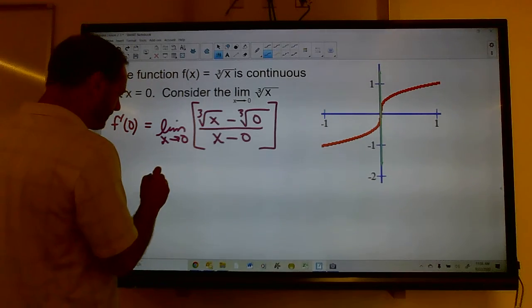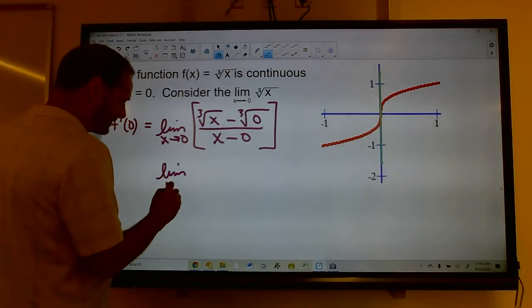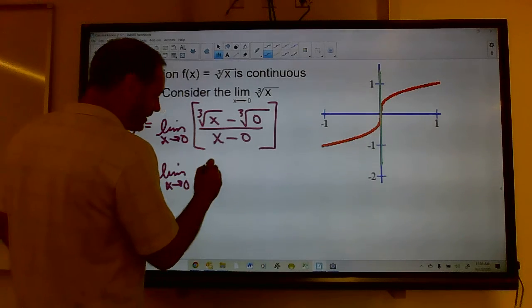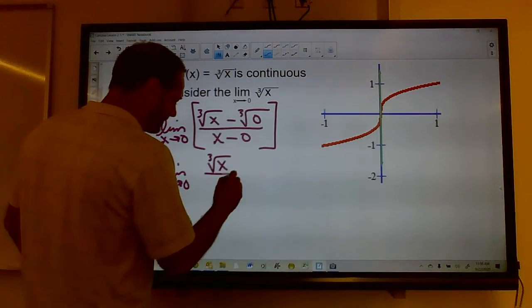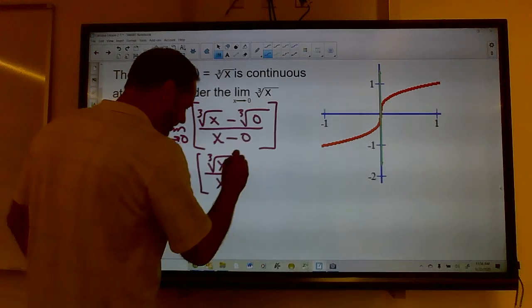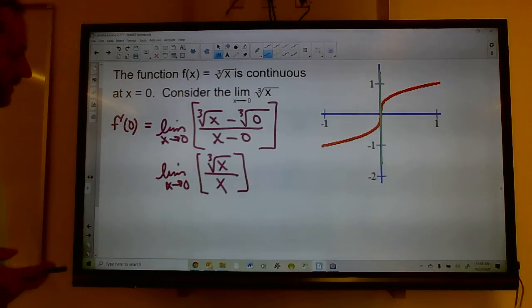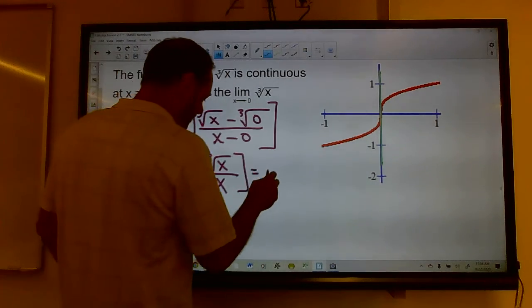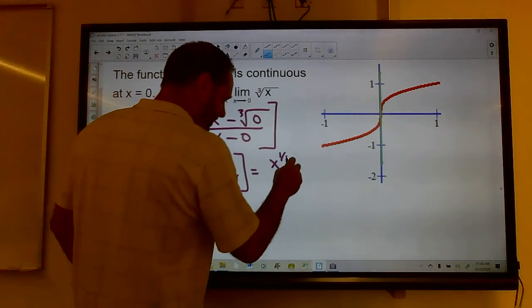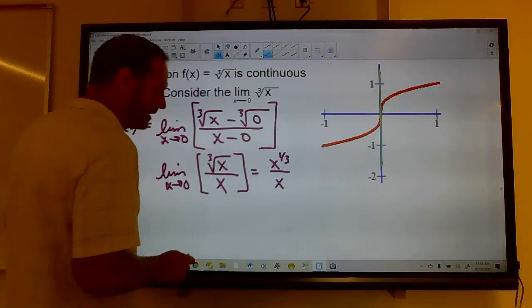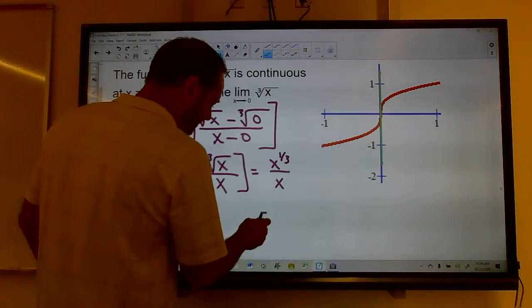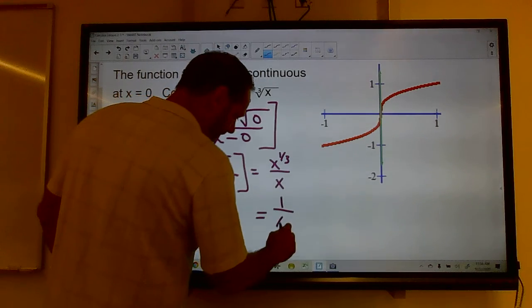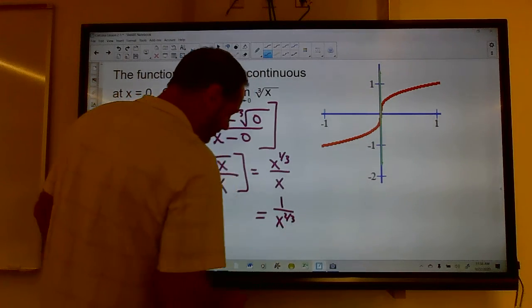Okay, so this ends up being the limit as x goes to 0 of the cube root of x divided by x. Well, if you remember, another way you could write this would be x to the 1/3 divided by x, and you can subtract the exponents, so this is 1 over x to the 2/3 power.